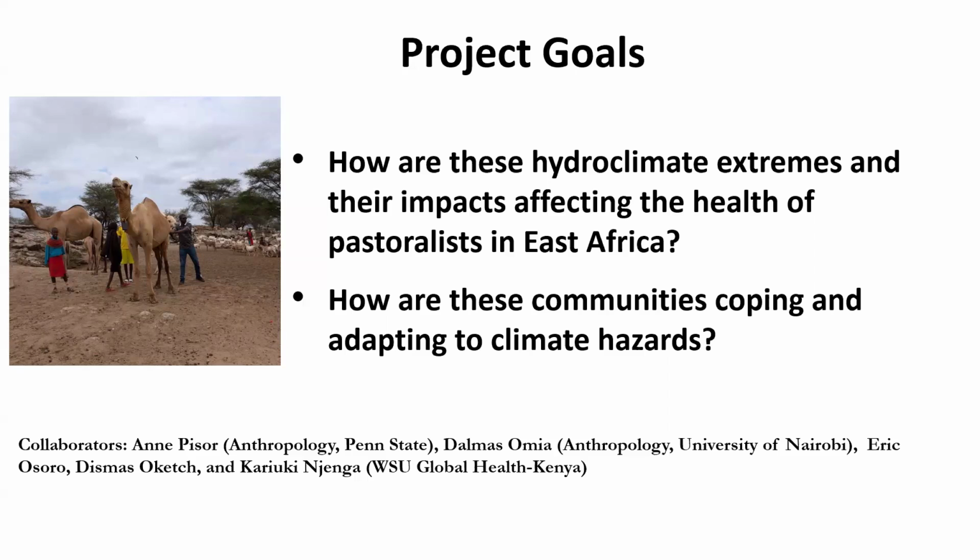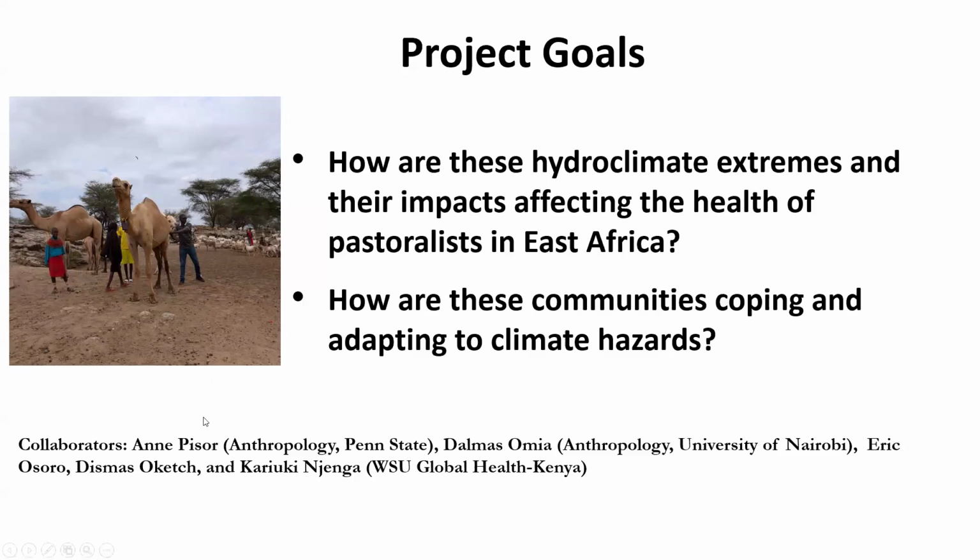Literally this week, we have a project getting started to work with a community in Kenya, to understand this at a more community level, and also to understand how these communities are managing these risks that they're experiencing.